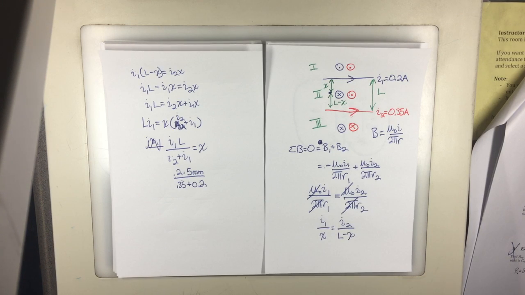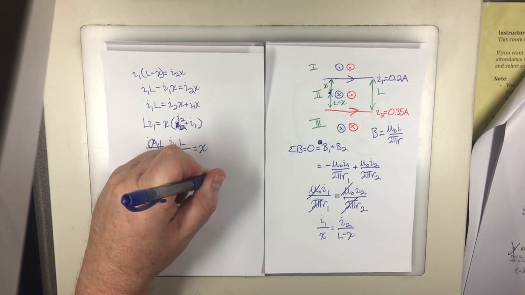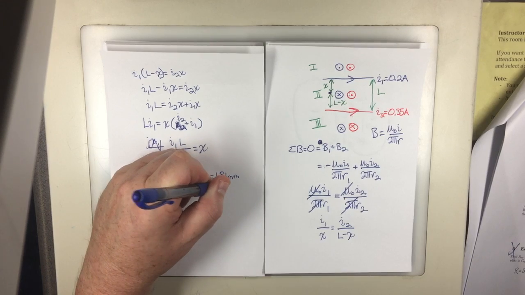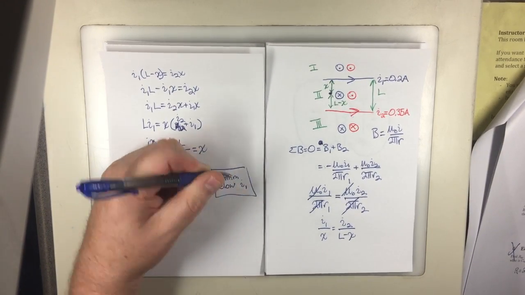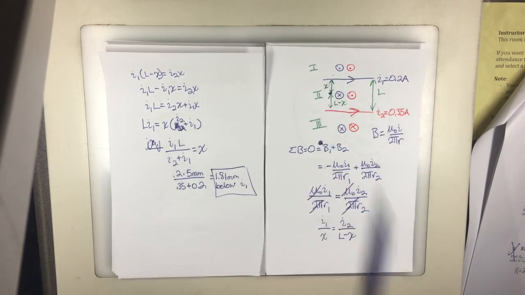So 0.2 times 5 divided by 0.55. And so this is 1.81 millimeters below I1, because I set my X to be the distance from the upper wire.